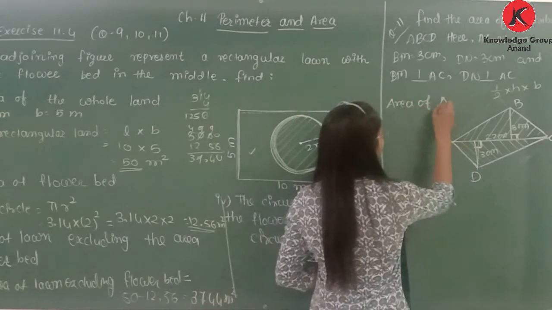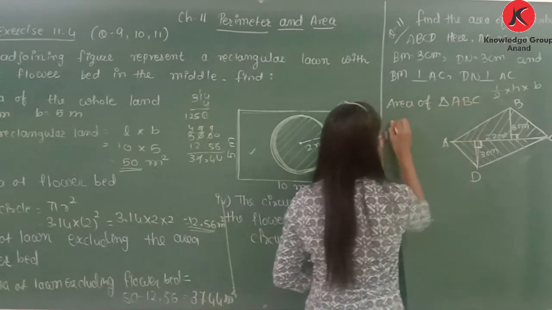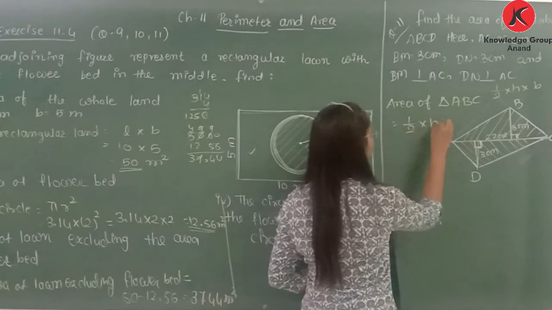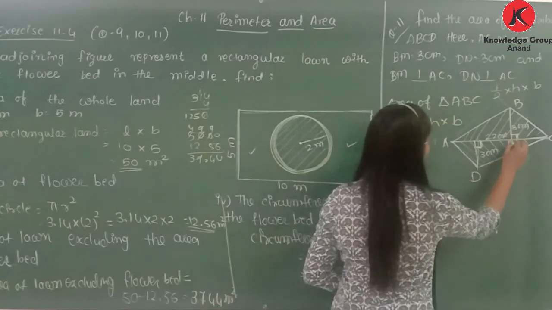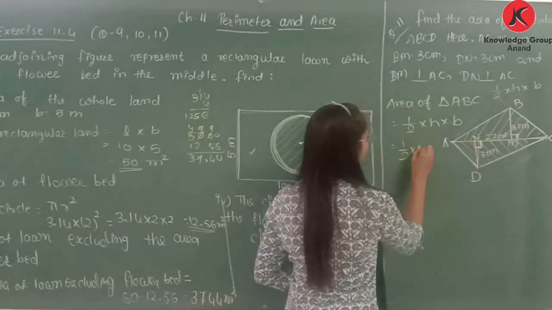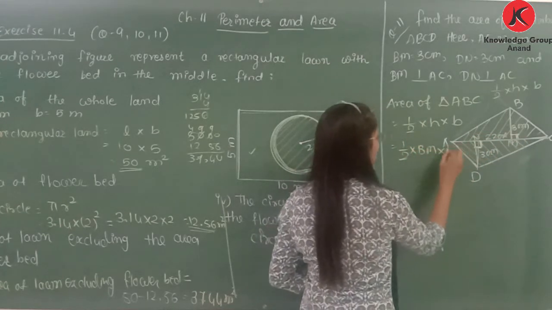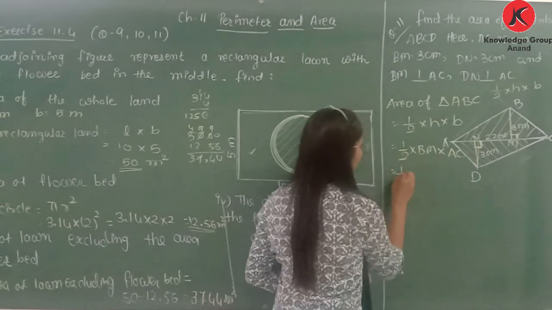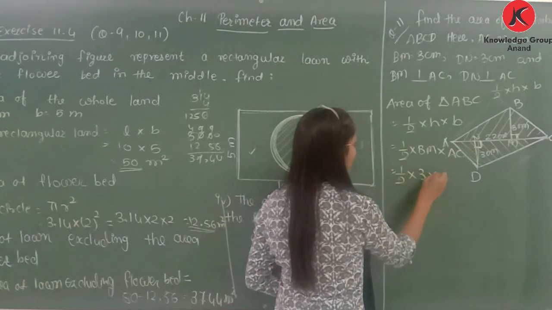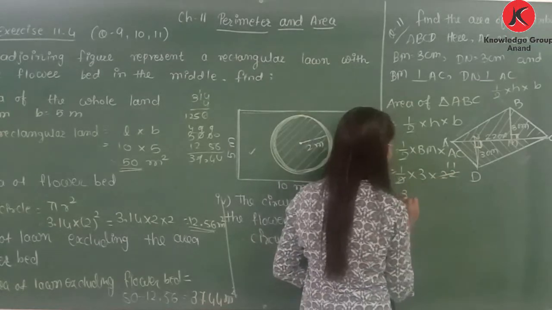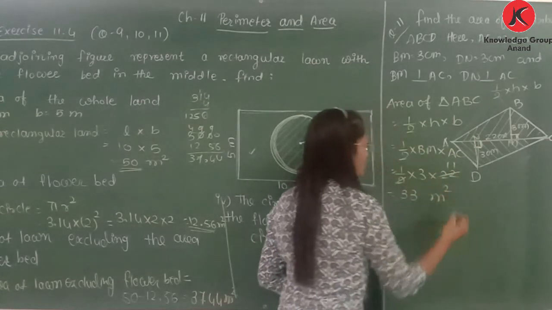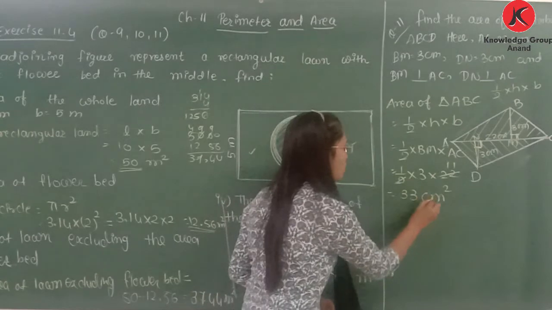Area of triangle ABC is 1 by 2 height into base. For ABC, let's consider this is M. Height is BM and base is AC. BM is 3 and AC is 22. So that is 33 centimeters square.